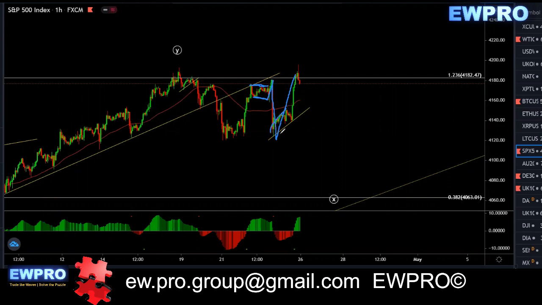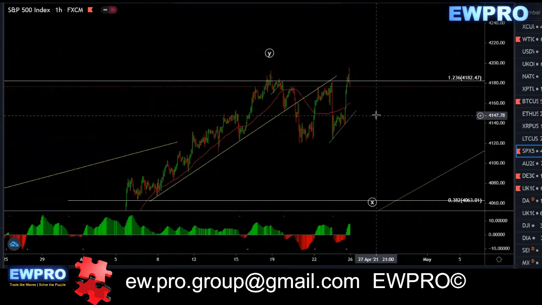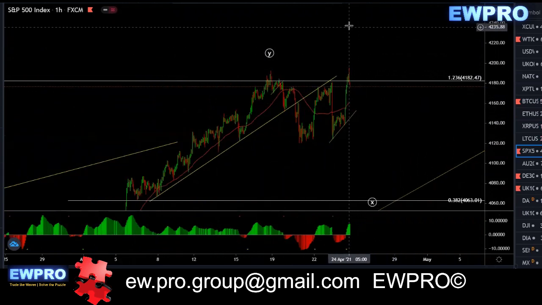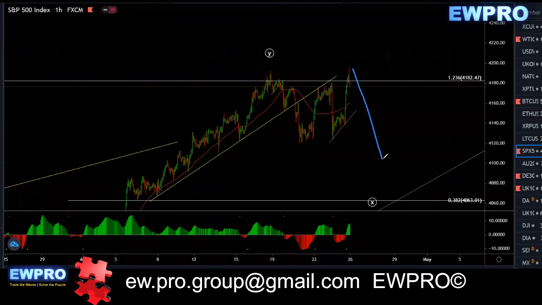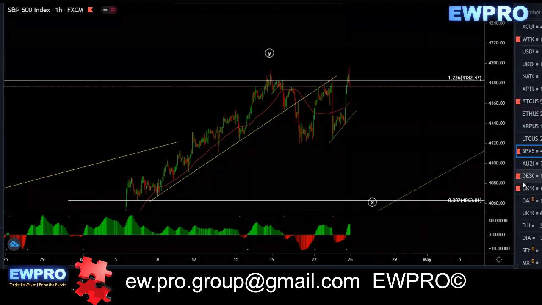I was actually looking for a sell in here, for that A, B, C. So it's getting pretty hard. It's very choppy. Wait for a structure to trade. I'd be waiting now for this C down for an A, B, C, and then look for a buy setup if I was going to look for the buy this high. I'd be more interested in a sell, but it's not giving itself a setup.